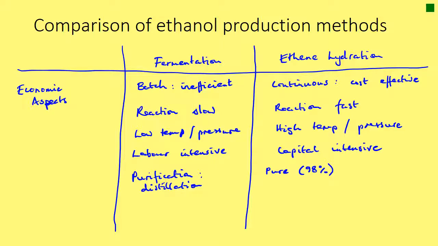Now there are some needs that need it to be 100% pure, but for a lot of uses 98% purity is good. So straight out of the continuous process you can start selling and using your ethanol, and it's only a small amount of it you need to purify further, whereas with fermentation you have to purify all of it, and you do that with distillation. That uses energy and therefore money. Okay, so let's then compare environmental aspects.